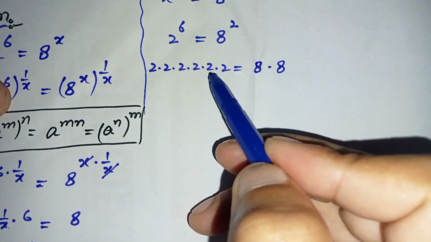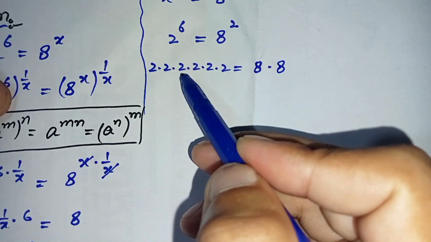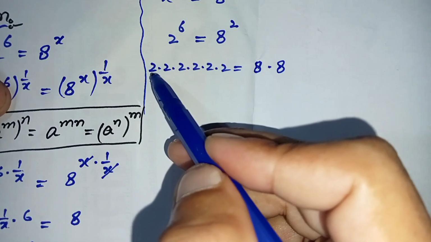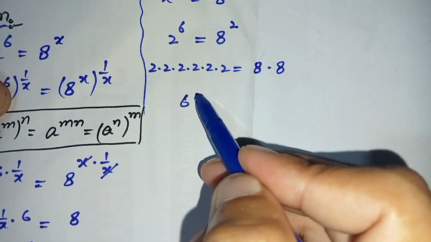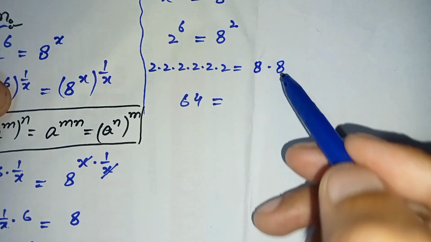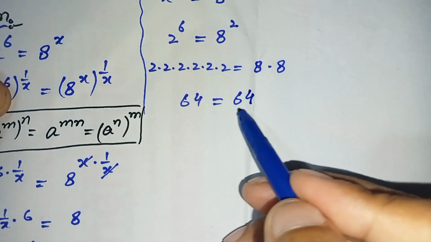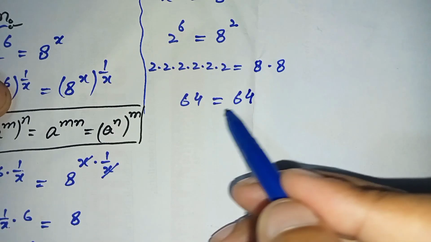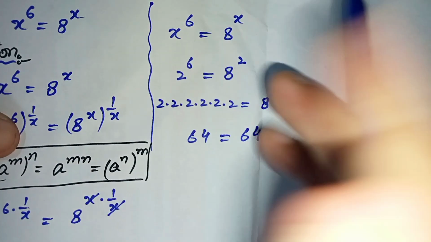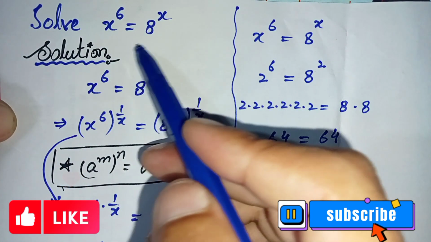Here 2 times 2 is 4, 4 times 2 is 8, 8 times 2 is 16, 16 times 2 is 32, and 32 times 2 is 64. Then the right hand side, 8 times 8 is 64. Now my dears, look at both sides are equal. So it means that x is equal to 2 is the exact and correct root of this exponential math problem.